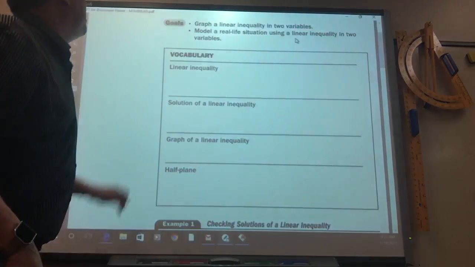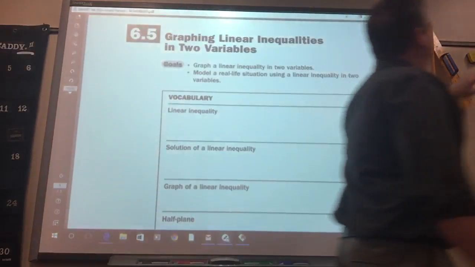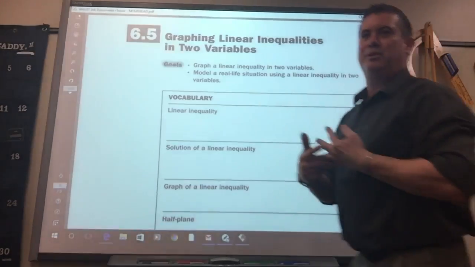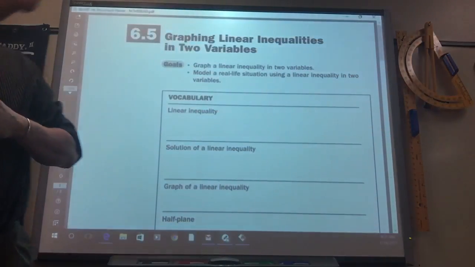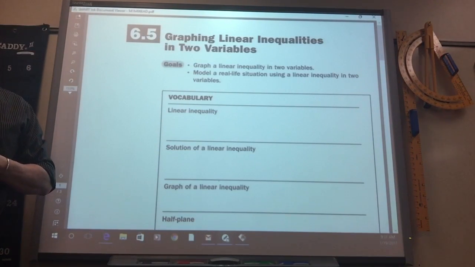To the part that I told you about that this was leading towards. Graphing the inequalities. So, previous two chapters, remember what we did? No, we graphed. You don't remember? We graphed linear equations.